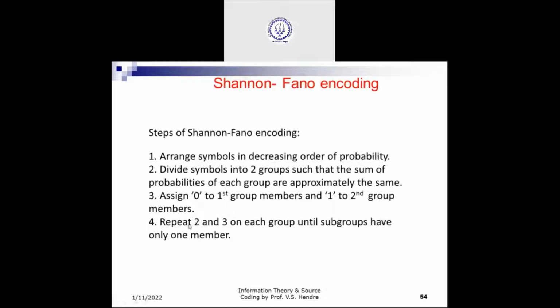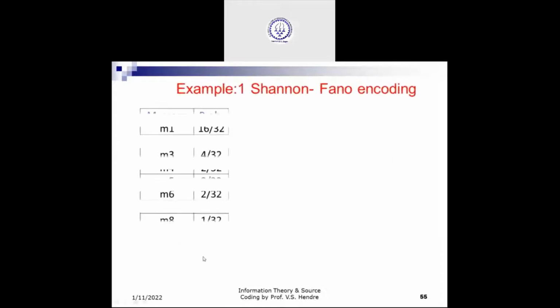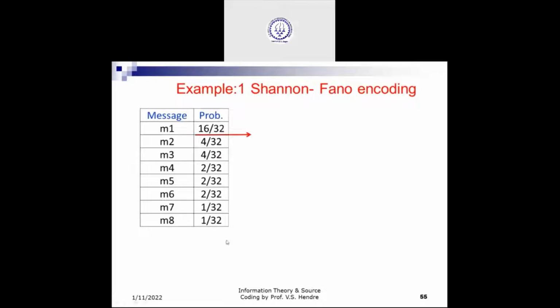Step number 4 says repeat step number 2 and 3 on each group, upper group and lower group, until subgroups have only one member. So if I look here, I try to divide them into two parts. I have assigned binary 0 to the upper part, but all lower parts I have assigned binary 1. Now look here, upper part has only one element.